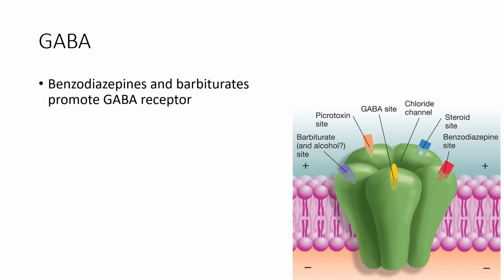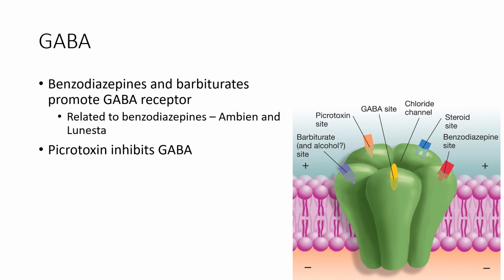Benzodiazepines are used more in present day for anxiety medication. And again, they work by promoting GABA, by binding to the GABA receptor. And you can see the site for benzodiazepine and barbiturate here. Related to benzodiazepines are the drugs commonly given to help with sleep, Ambien and Lunesta. These aren't exactly the same, but they work similarly to benzodiazepines in that they promote GABA.